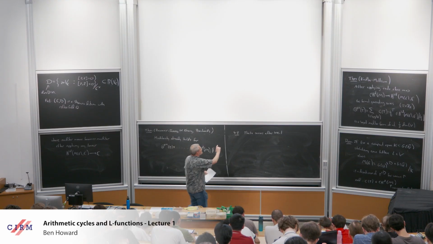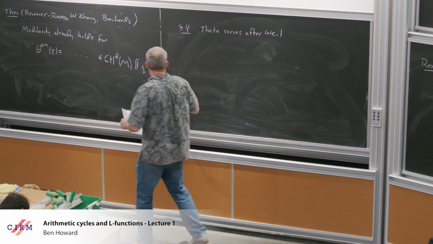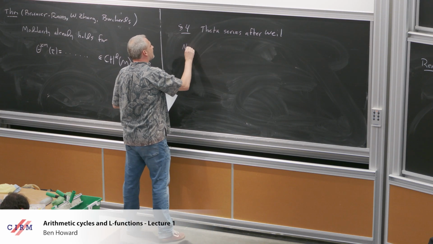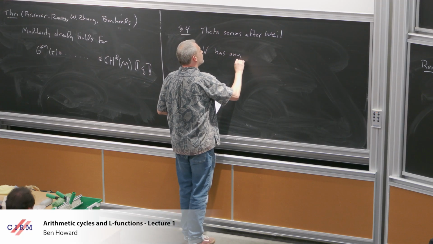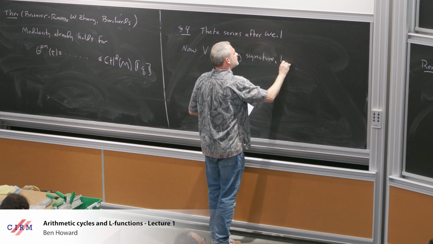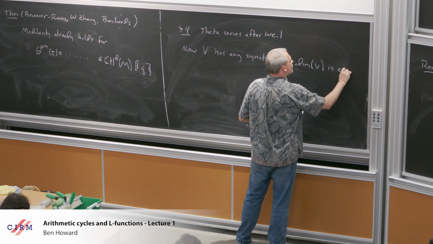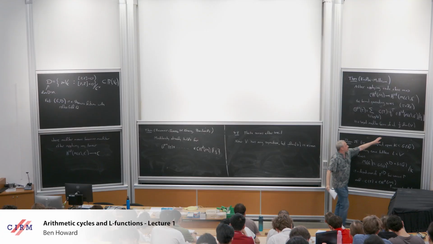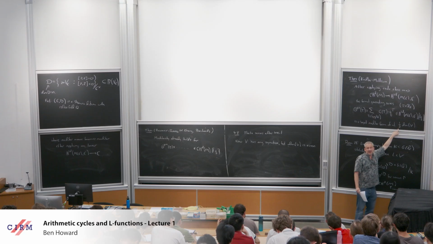Okay, so let's keep our quadratic space, but let me allow it to have arbitrary signature for a moment. So now V has any signature. But I want to assume that its dimension is even, because I want to avoid half-integral weights and things like metaplectic covers.